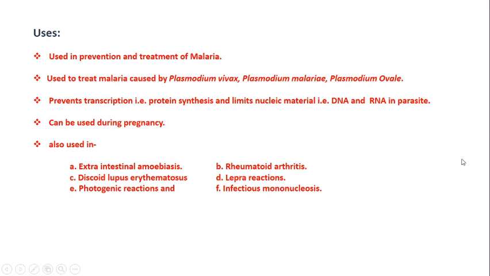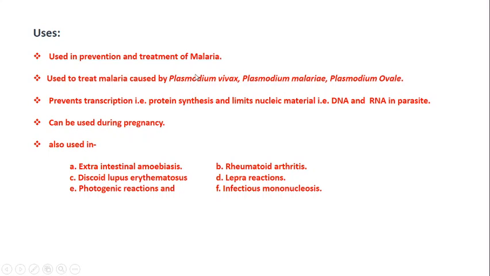Then what are the uses of this anti-malarial agent chloroquine? It is used in the prevention of malaria, a very simple and repetitive thing. It is used to treat malaria caused by various parasites like Plasmodium vivax, Plasmodium malariae, and Plasmodium ovale.